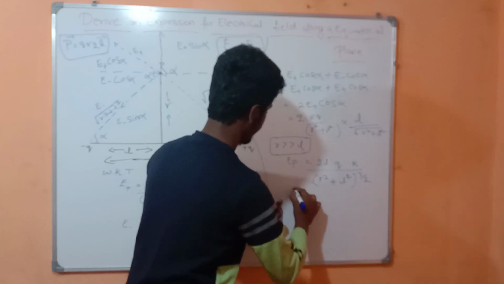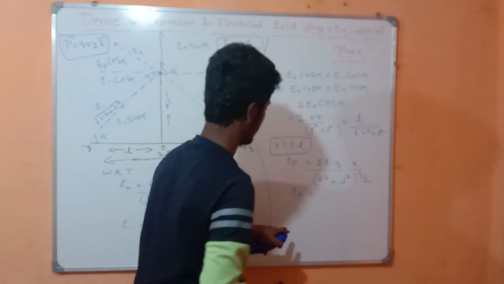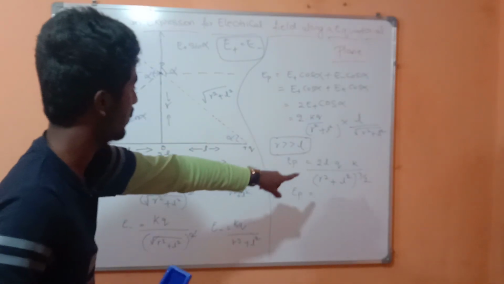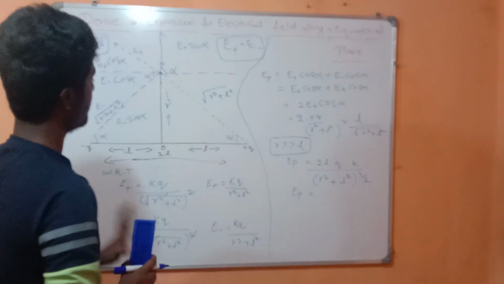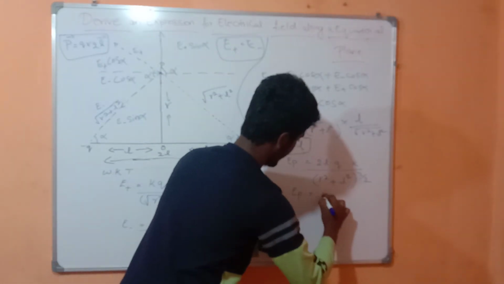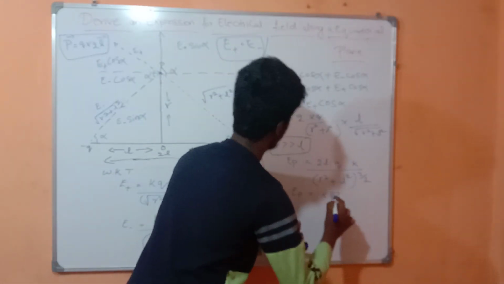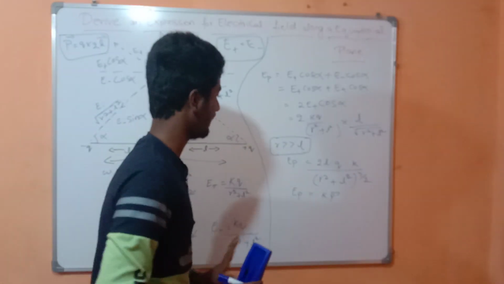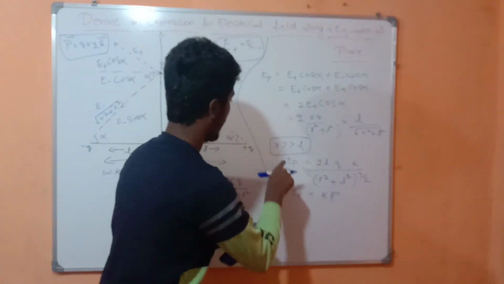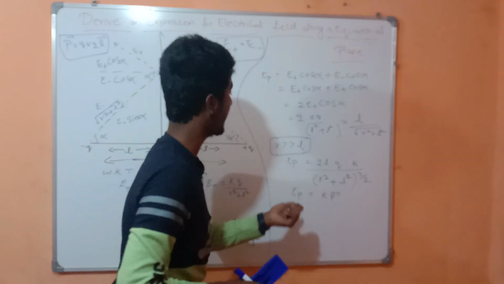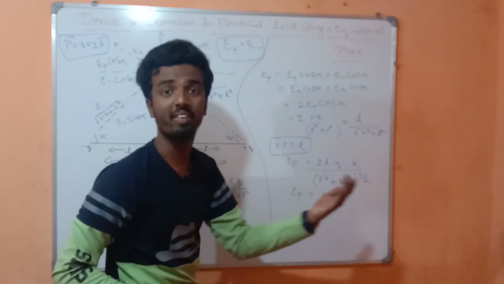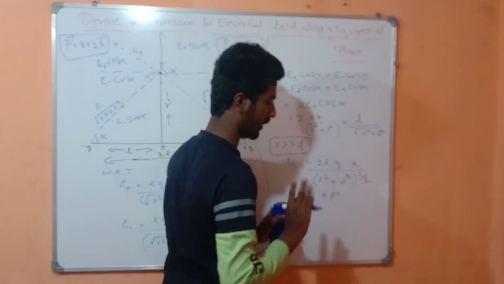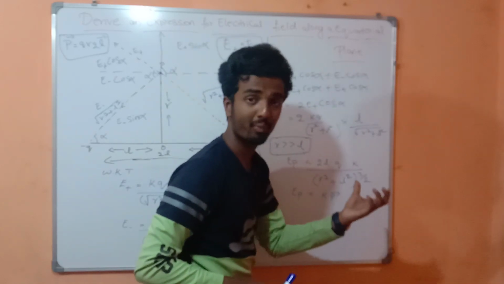Let me write E P will be equal to K times vector P, and here we have a whole square, so R is very greater than L. It means we can neglect the L. Let me neglect it. What do we have left? In the denominator I am only left with R square.